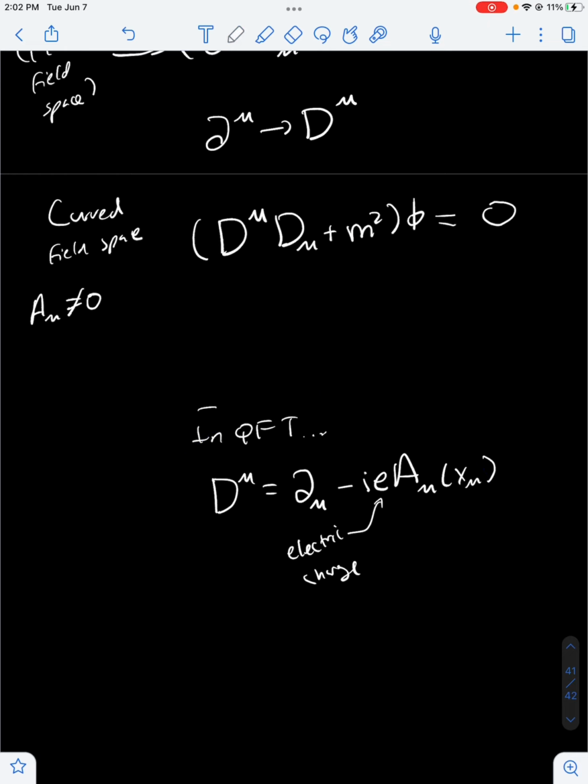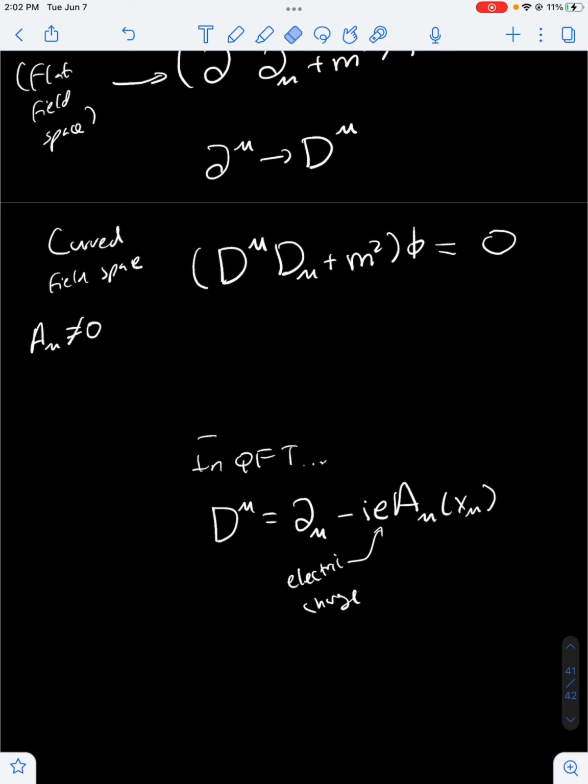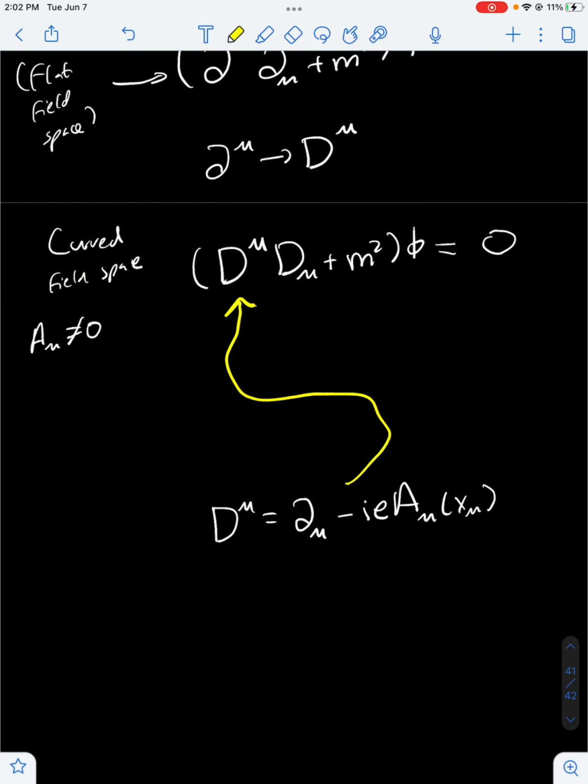All we do here is plug our covariant derivative into the Klein-Gordon equation in curved space. That will give us an equation that relates the free scalar field, well, it's not really free anymore, but it relates the scalar field to the EM vector potential.